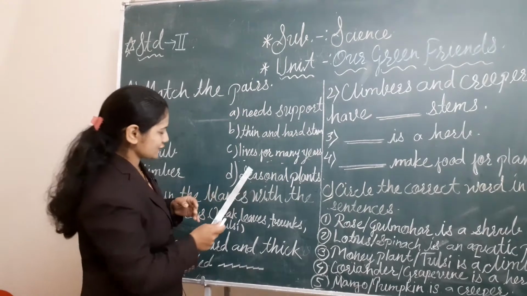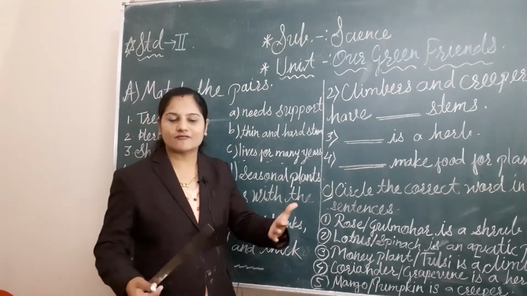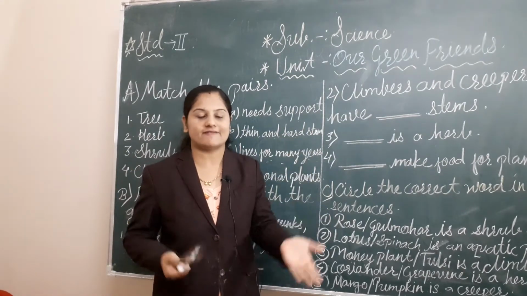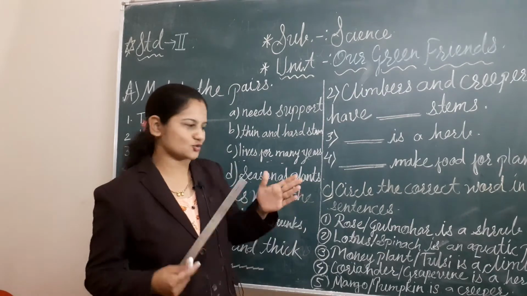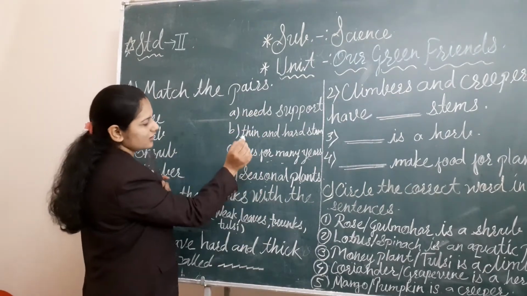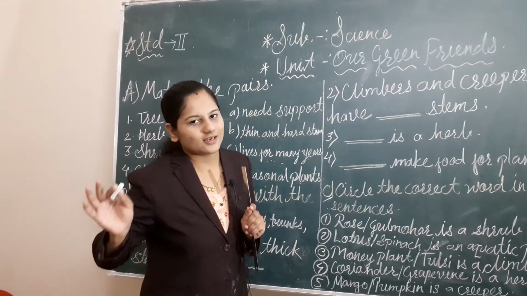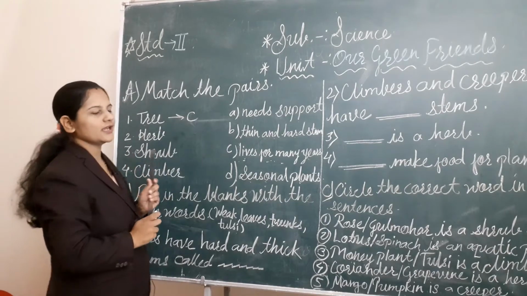Maybe. Let's see the next option. Seasonal plant? No. Trees have a lifespan of 70, 80, and some plants about 100 years. So this is definitely it. The tree lives for many years.